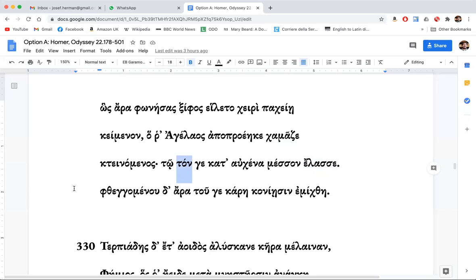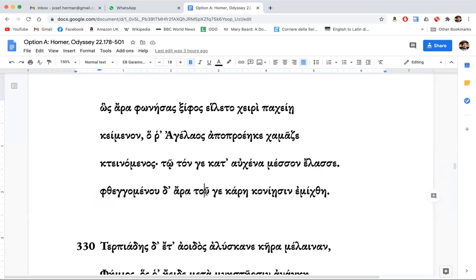Okay. And then in line 329, we have the particle de here, which means and. And then ara is another particle that we don't really have to translate. And the same is also true of ge here. But what we do need to translate is this genitive absolute, phthengomenou tou. Okay, now it's a genitive absolute, so tou means him, referring to Laodes, and phthengomenou is a participle that means speaking.